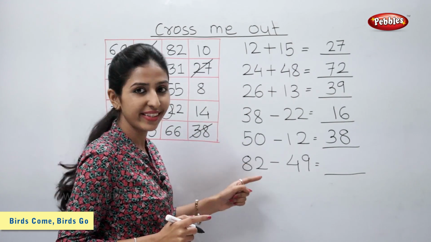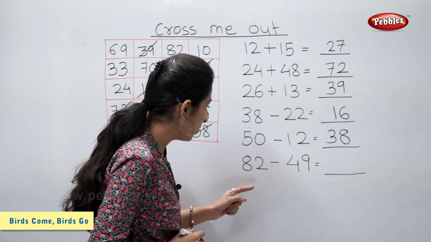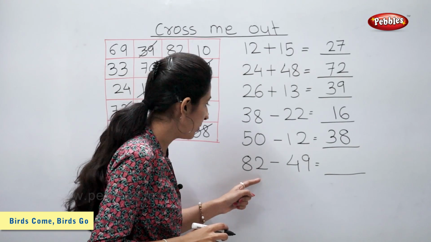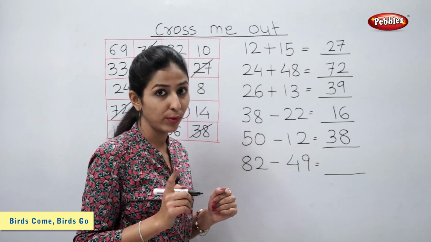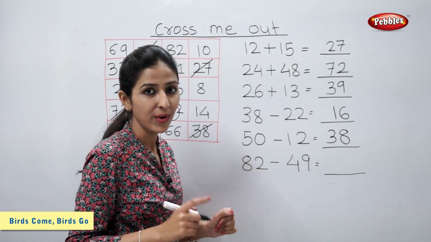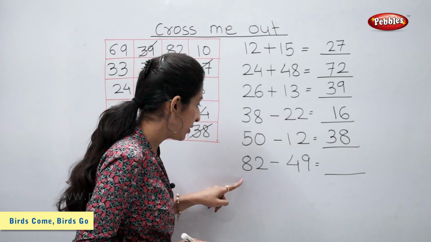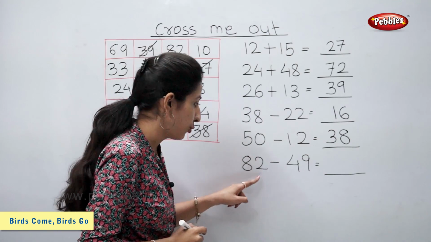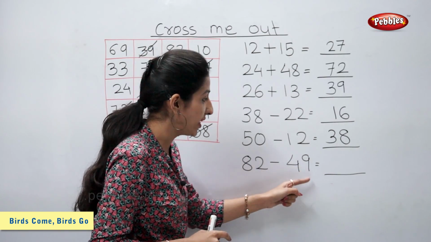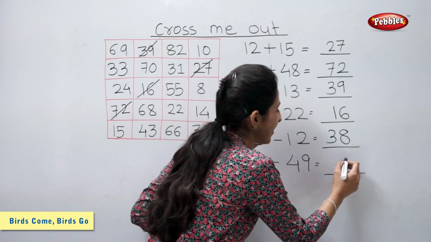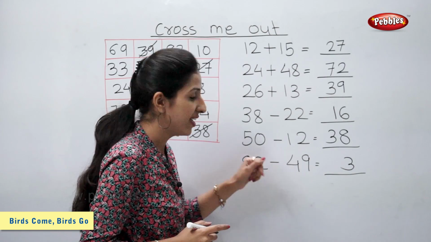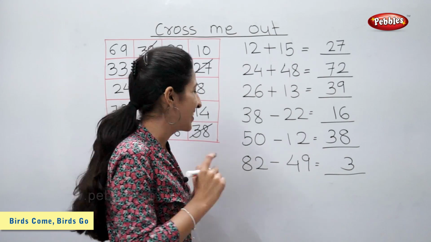Let us solve this sum. 82 minus 49. So 2 minus 9. Students, we cannot subtract 9 from 2. So let us borrow. 8 becomes 7. 2 becomes 12. Now 12 minus 9 is 3. 7 minus 4 is 3.